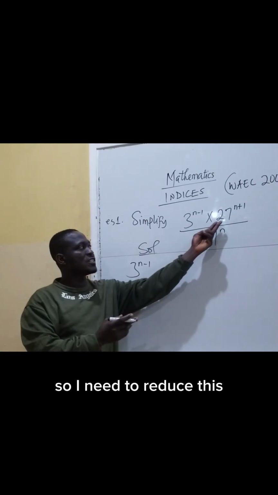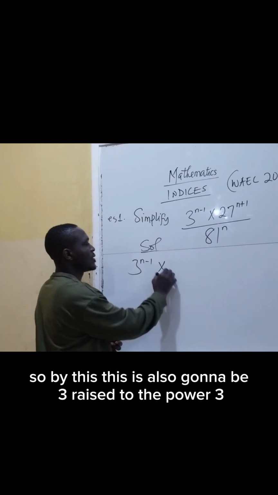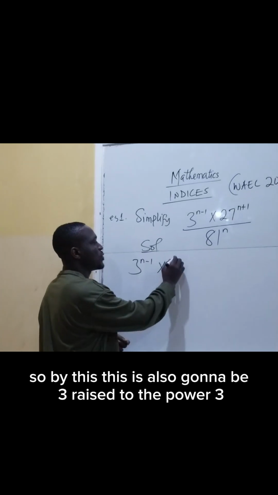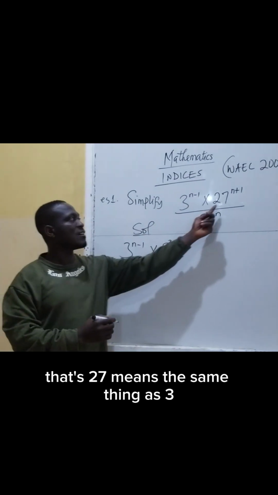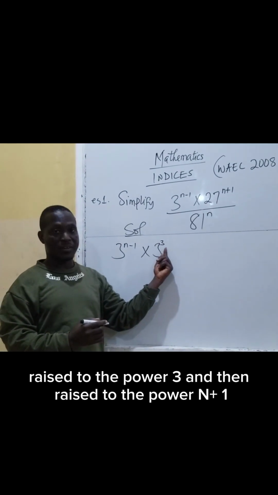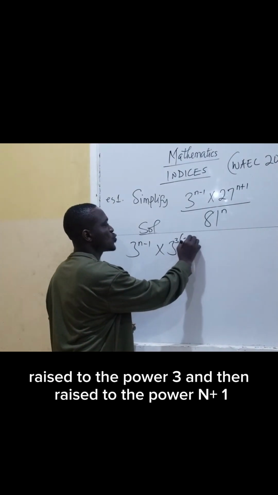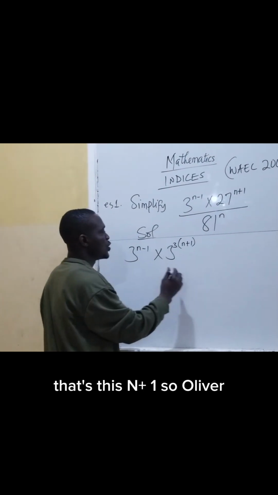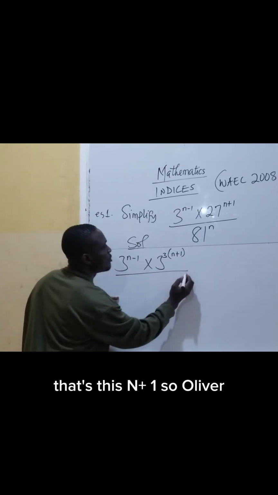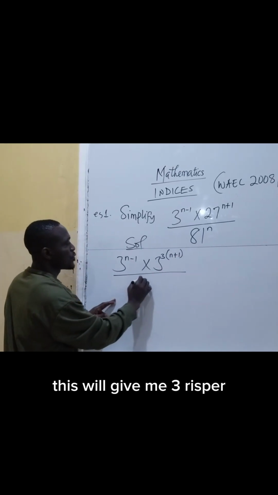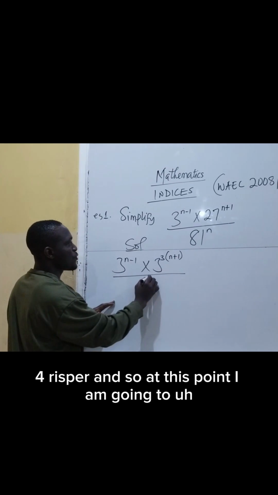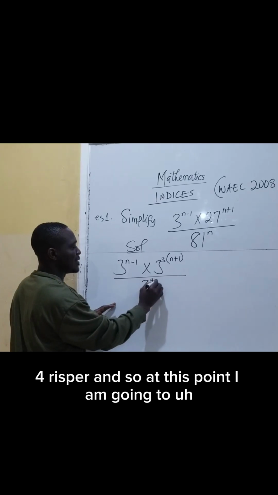I need to reduce this also. 27 is the same thing as 3 raised to power 3, and then raised to power n plus 1. All over, 81 will give me 3 raised to power 4 raised to power n.